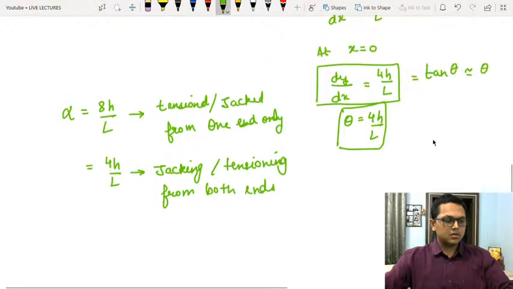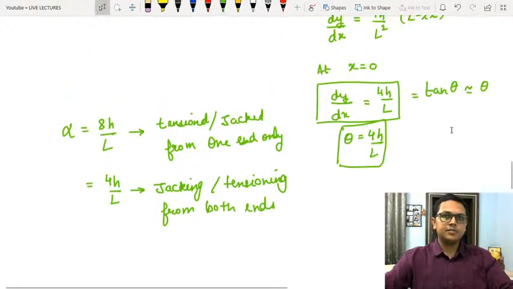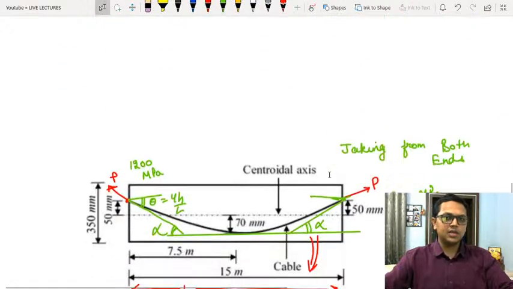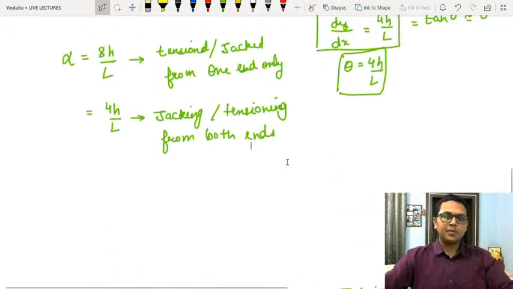So I hope the background is clear. If you have any doubt, you can comment in the chat section and ask me whatever the doubt may be. If you didn't understand any point in this discussion, you can tell me and I can repeat that point again.